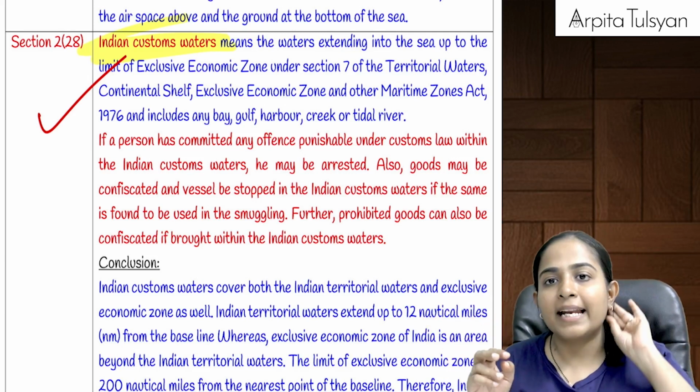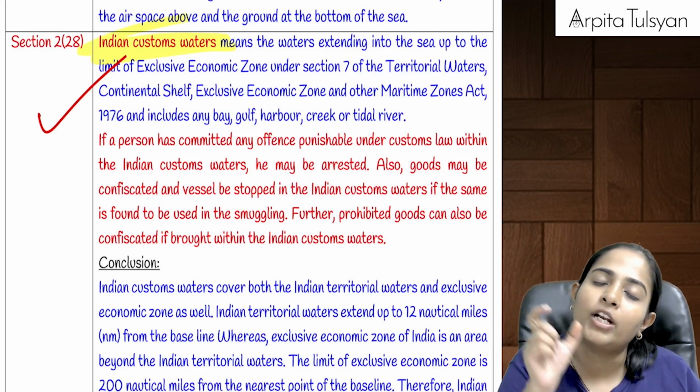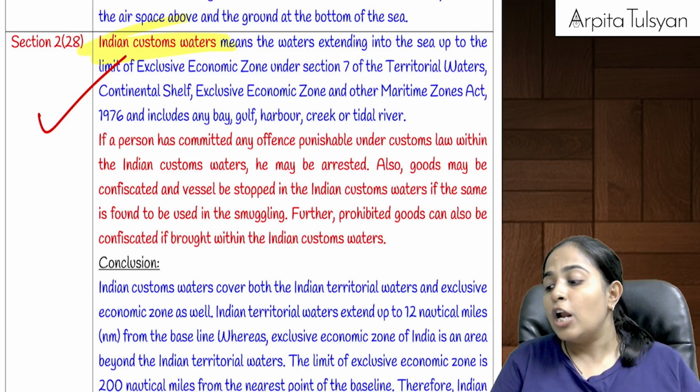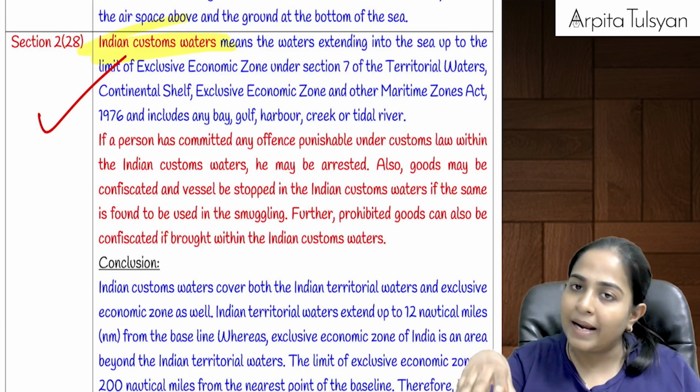So what can happen in India, meaning Indian territorial waters, and what can happen in Indian customs water? Normally when we apply the provisions of the Customs Act, it is going to apply only to India.